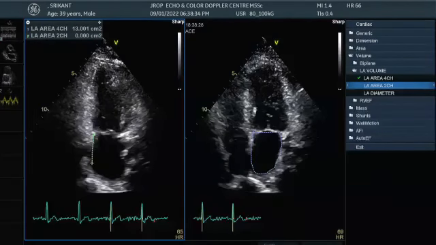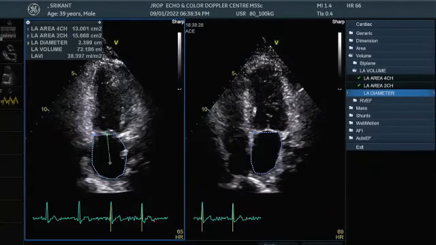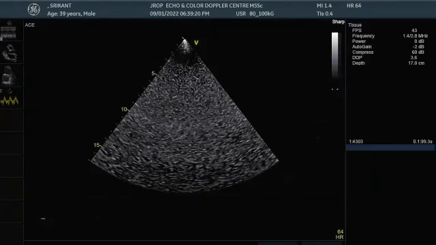Similarly, on the other side, 2 chamber. Then one of these, either 4 chamber or 2 chamber. Now you can see LA volume index for this subject is 18.573 ml per meter square. This is how we look for LA volumes.